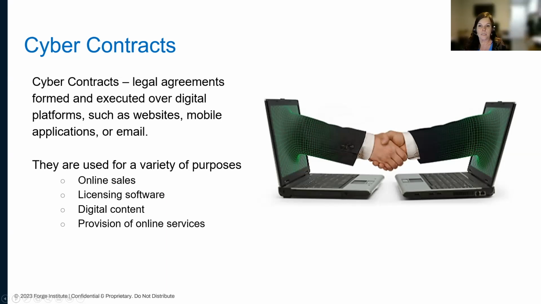In doing so, a cyber contract is a legal agreement that is formed and executed over digital platforms, such as websites, your mobile apps, or your email. Those contracts are used for online sales, licensing software, digital content, and the provision of online services.